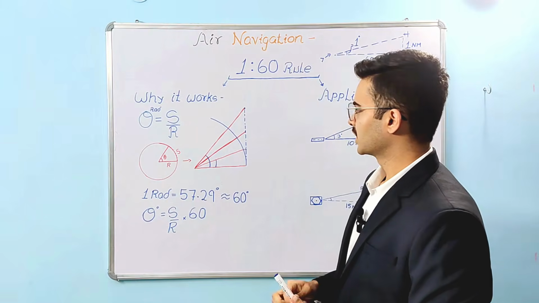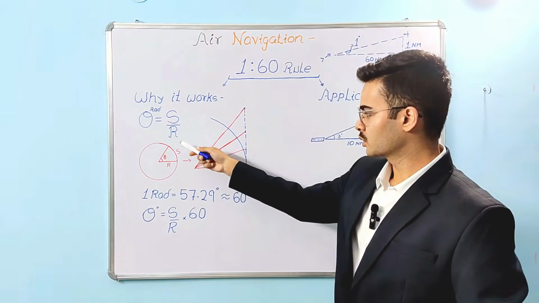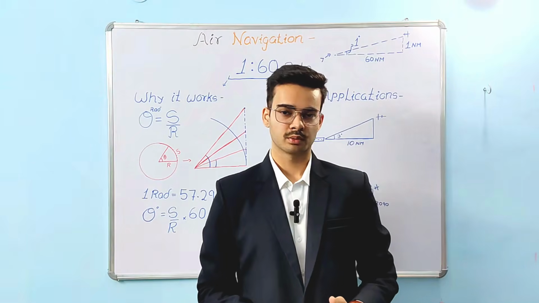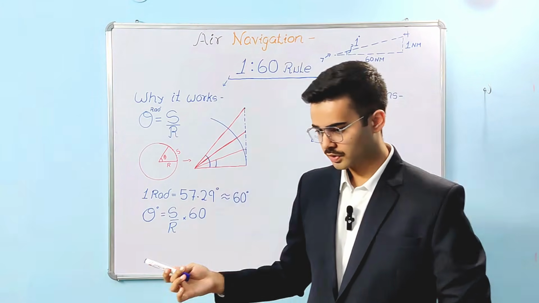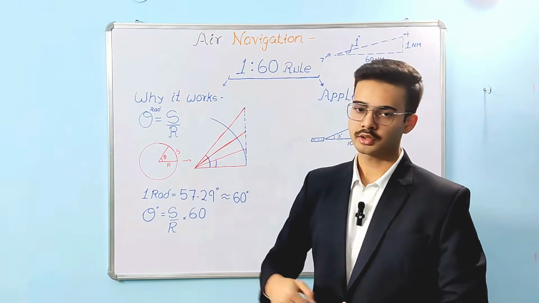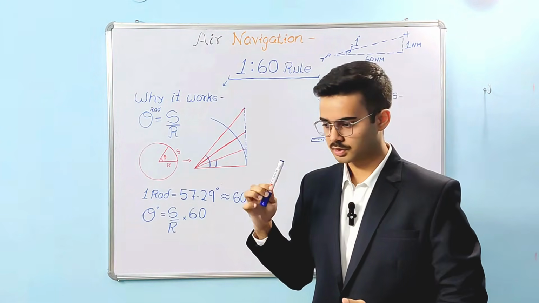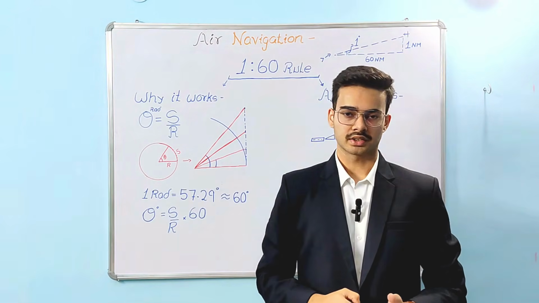Let's assume the radius is 50 centimeters and also the arc length is 50 centimeters. We'll put the value of S and R. S equals 50 centimeters, R equals 50. Both cancel each other. Value is equal to 1. Theta is equal to 1 radian whenever the arc length is equal to the radius.